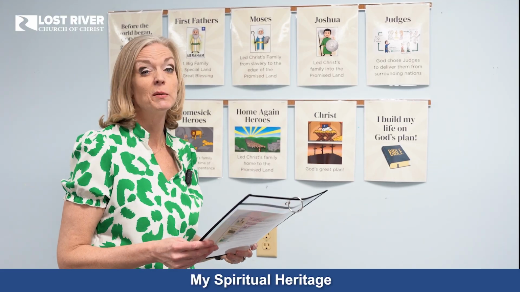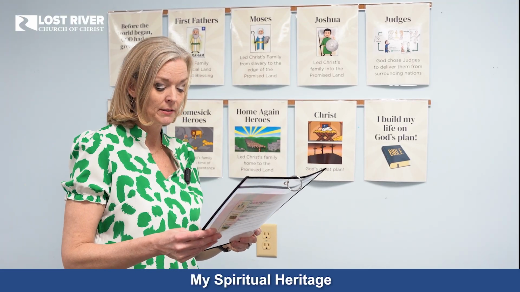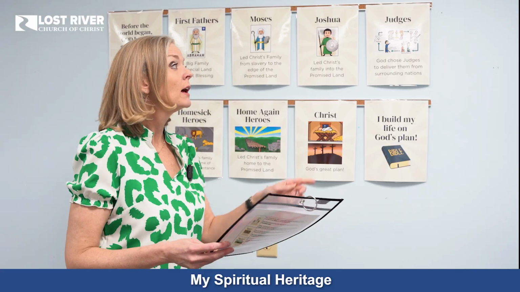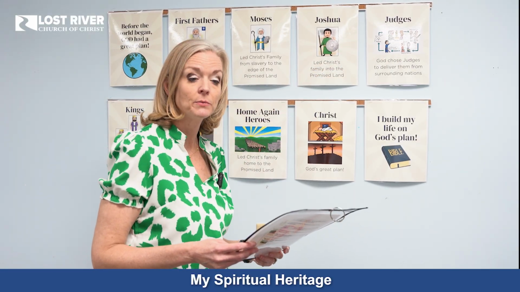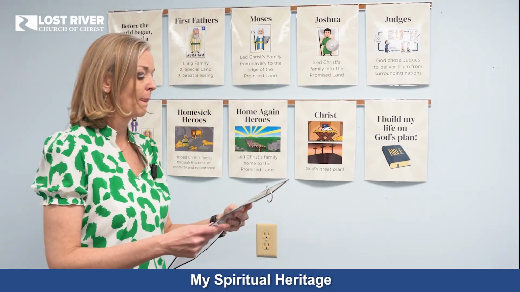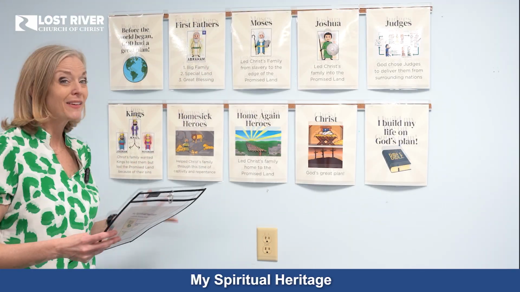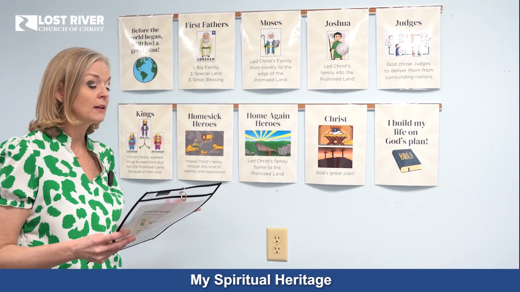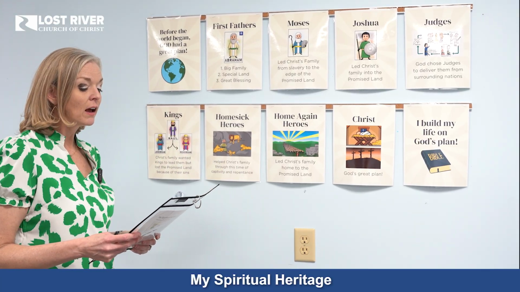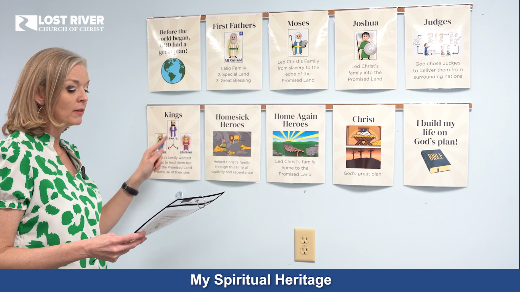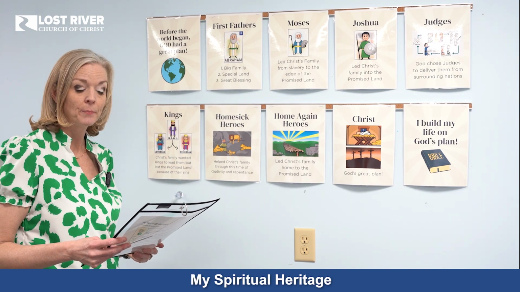Unfortunately, Christ's family sinned and were oppressed. When they repented, God chose judges to deliver them from surrounding nations. But Christ's family didn't want judges. They wanted kings to lead them, and God chose Saul as the first king of Israel.